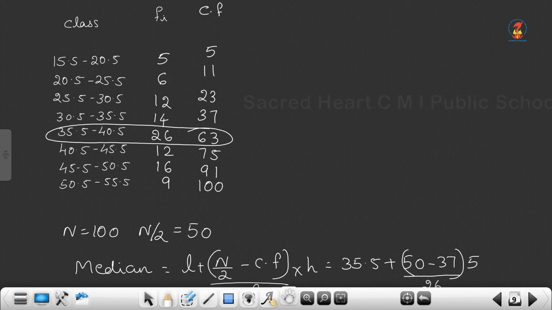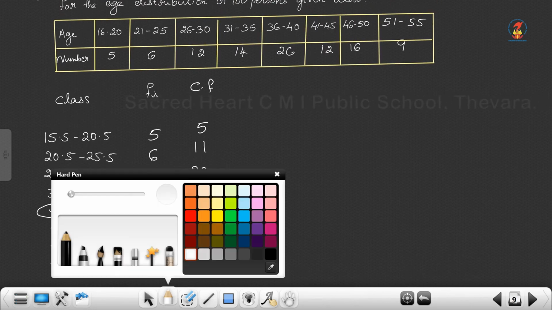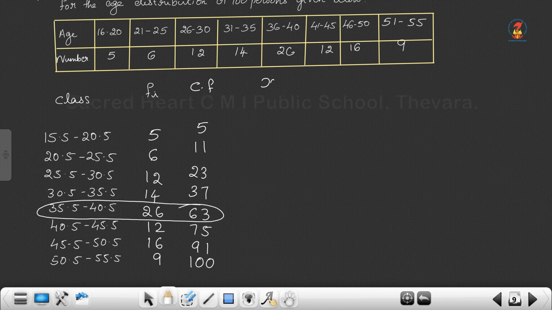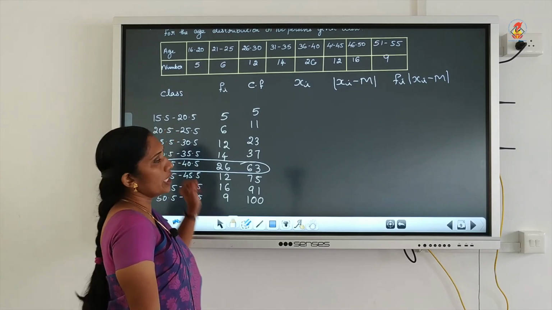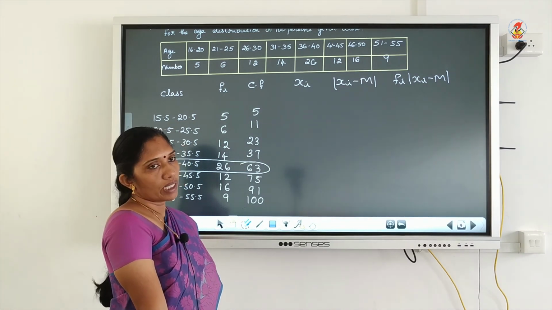Now we have to find the middle value, xi. Then the absolute value of xi minus m, then fi into the absolute value of xi minus m. So what is xi? 15.5 to 20.5. Upper limit plus lower limit by 2.